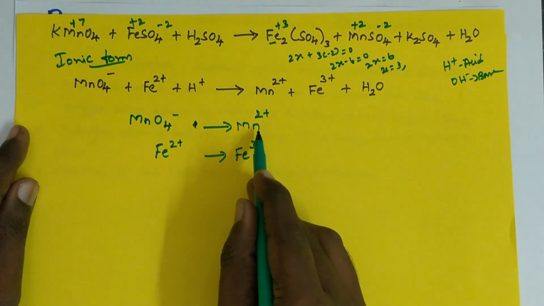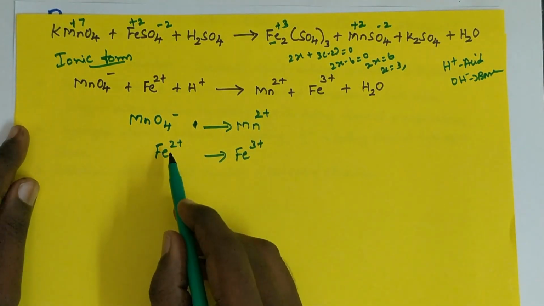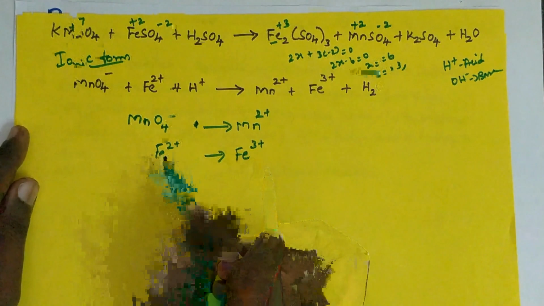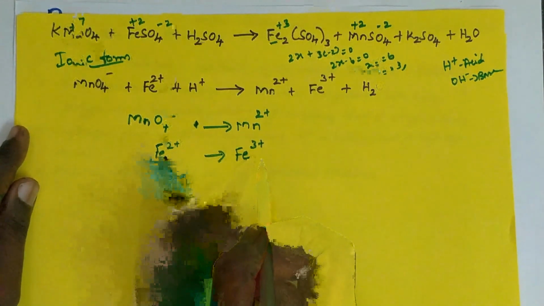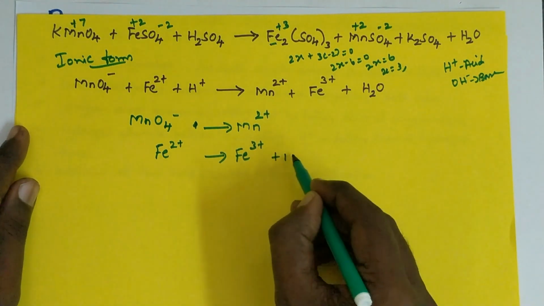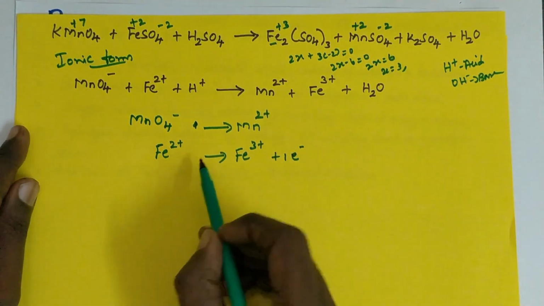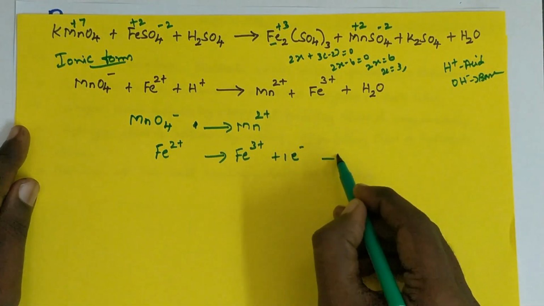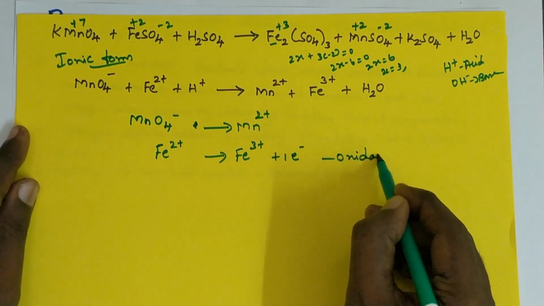In this case iron loses one electron. It is an oxidation reaction, so loss of electron takes place.